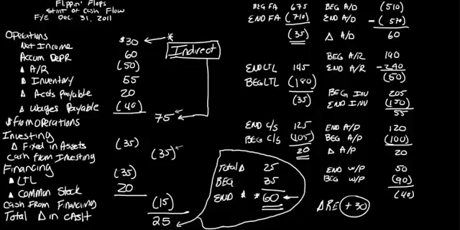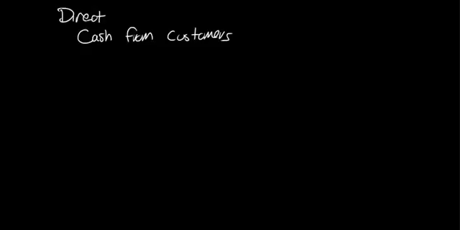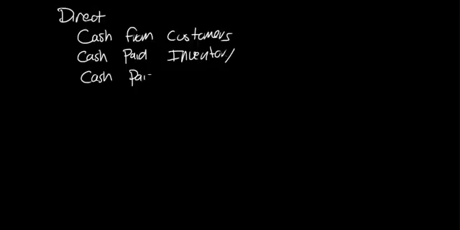The direct method does it a little bit differently. With the direct method, we are going to specifically report cash from customers or cash sales. We're going to show cash paid for inventory, and we're going to show cash paid for other expenses.